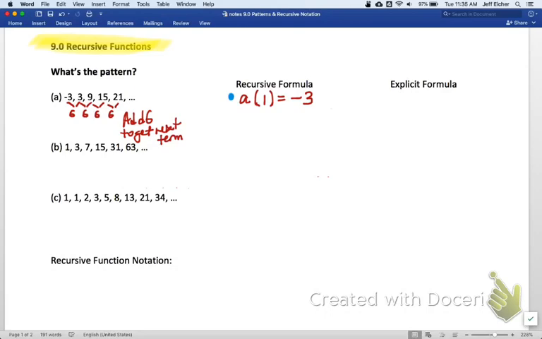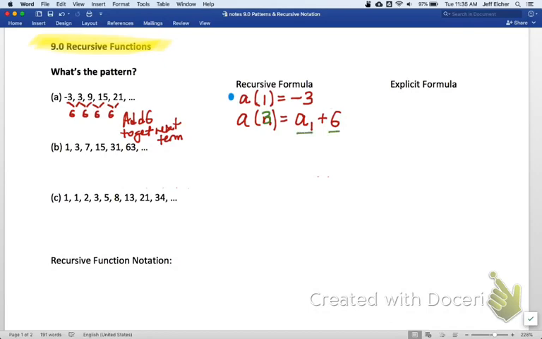So if this is our first term, then our next term, which we'll just call n, would be our first term plus 6. So if we wanted A sub 2, we'd plug -3 in and get -3 plus 6 to get 3. Now this doesn't always work though, because for instance if you would put like a 3 here, that's not just the first term plus 6.